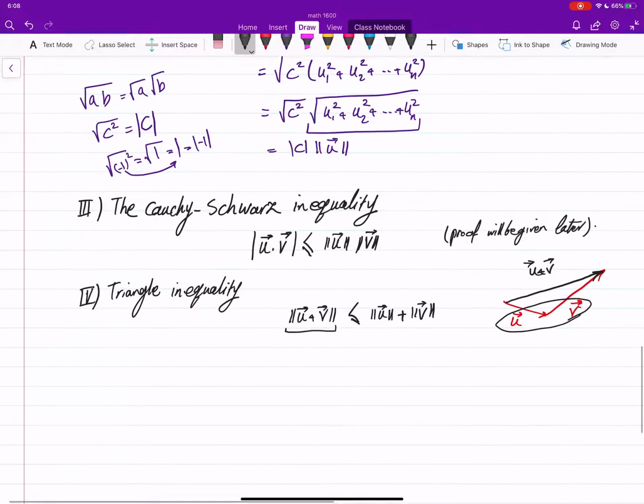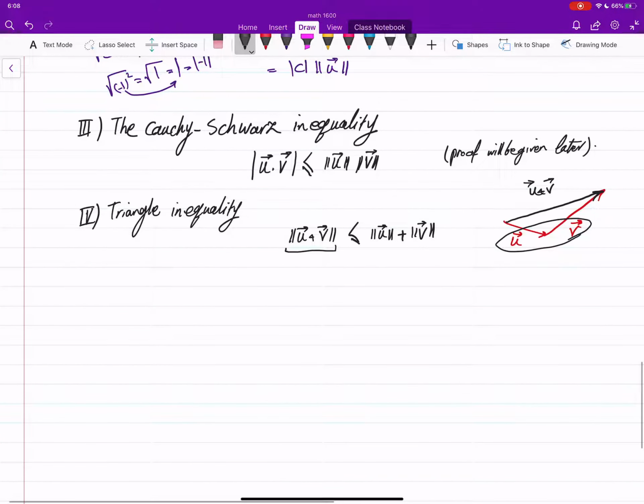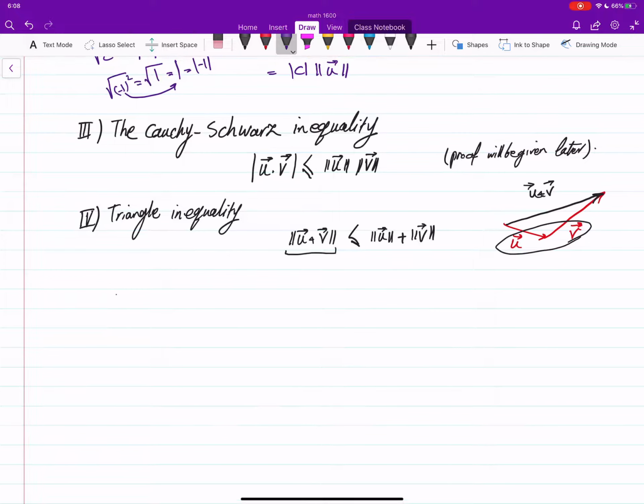Well, how do we prove this one? In the proof, we will use Cauchy-Schwarz inequality. Let me just show it for you. You know that the length of a vector is the square root of u dot u.